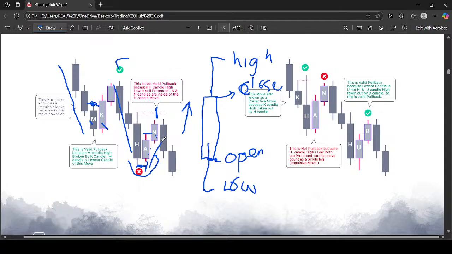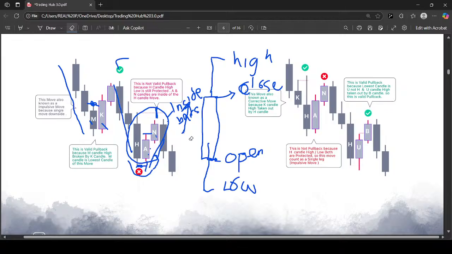You see this thing? We will just call it what? Inside bars. All these ones are called what? Inside bars, because they formed inside the trading range of what?